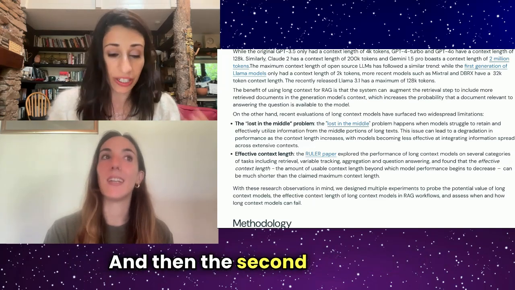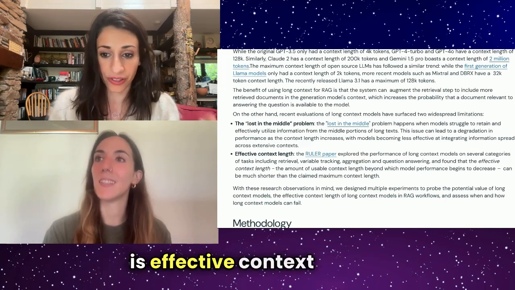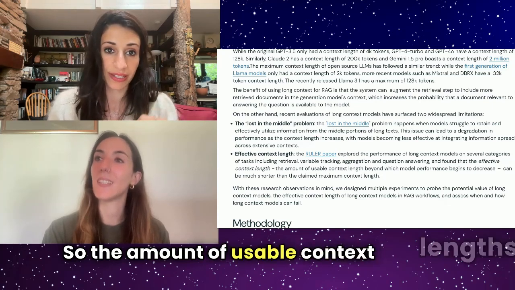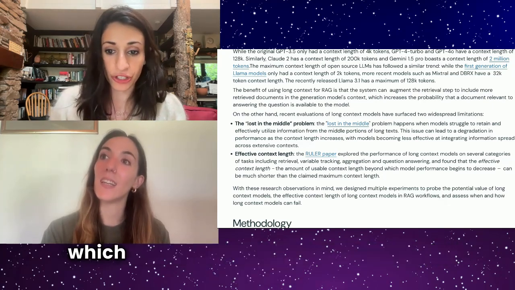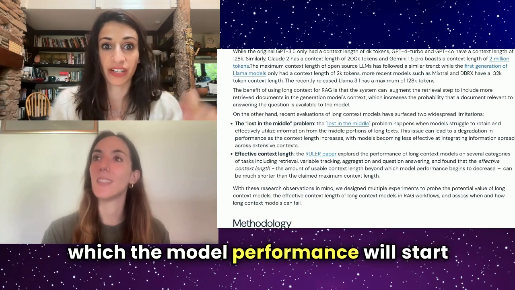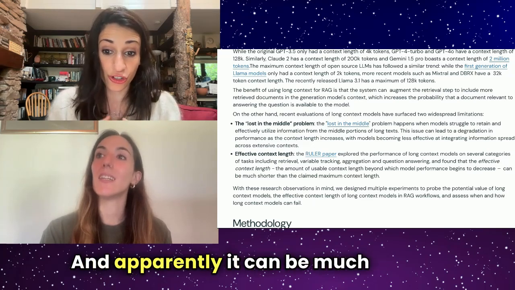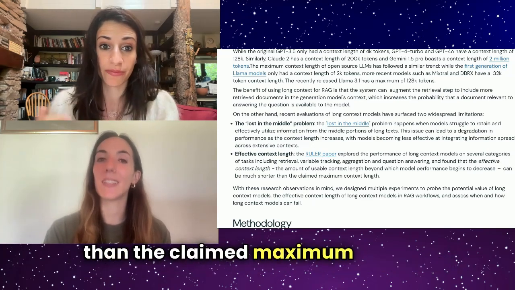And then the second limitation is effective context length. So the amount of usable context length beyond which the model performance will start decreasing. And apparently it can be much shorter than the claimed maximum context length.